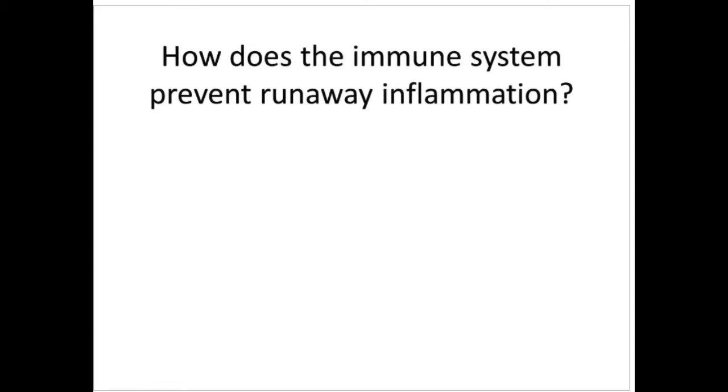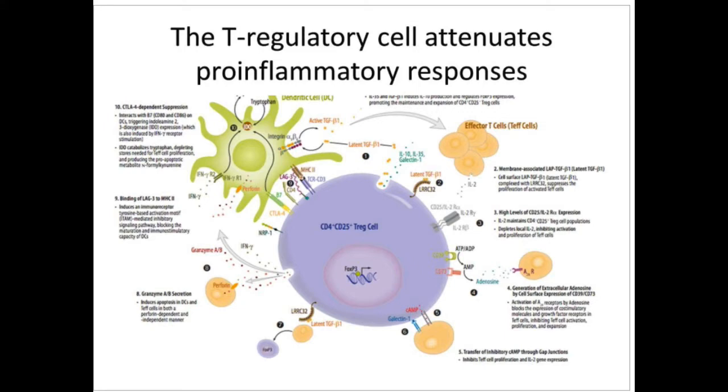But what we now know is that we have T cells that inhibit other T cells, and these are called T regulatory cells. They attenuate pro-inflammatory responses, in part because they make all sorts of little goodies off to the side here. I'm not going to go through all of them, and I'm going to have another slide that will focus on that more.